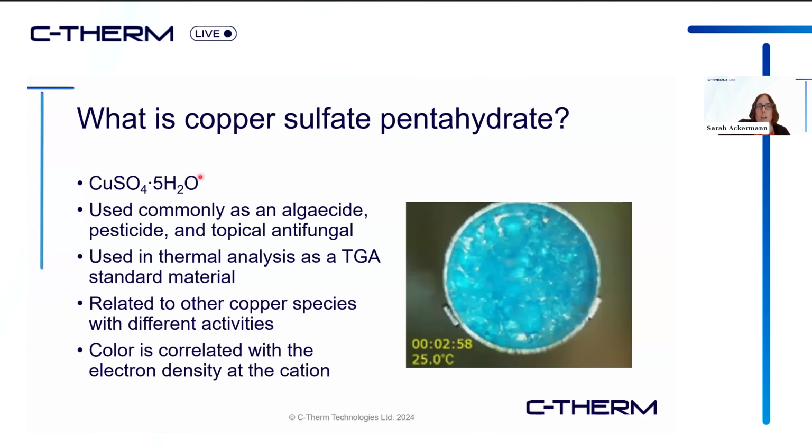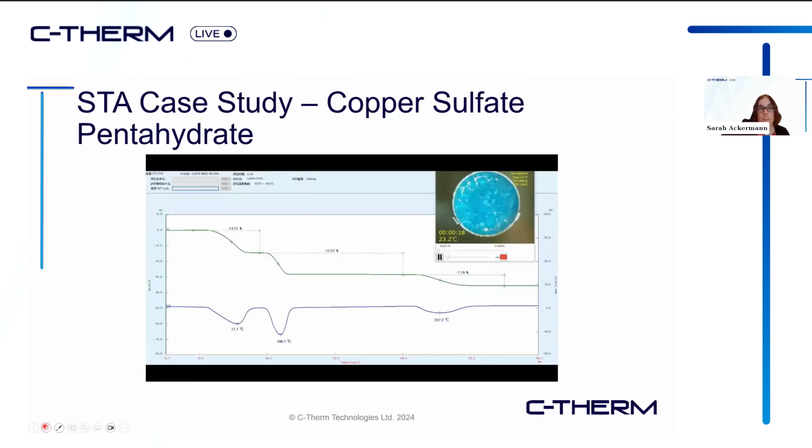All of these water molecules within the system are coordinating to and hydrogen bonding with either the copper or the sulfate species, and the effect on the electron density within the d orbitals of the copper is what leads to the color changes as we do the dehydration.